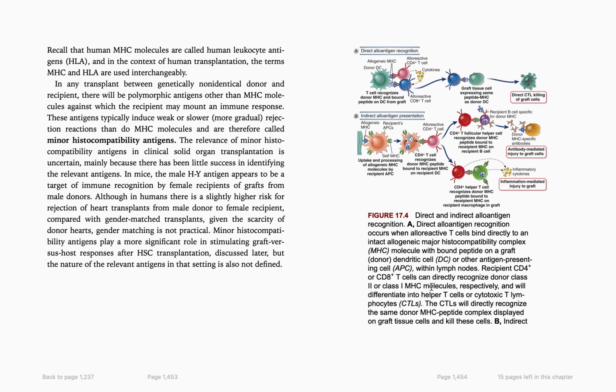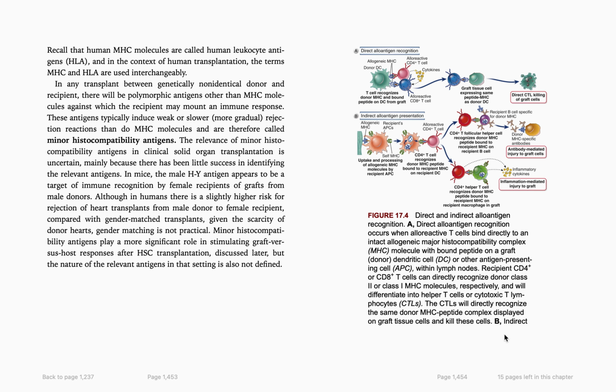Recipient CD4 or CD8 T cells can directly recognize donor class II or class I MHC molecules respectively and will differentiate into helper T cells and/or cytotoxic T lymphocytes. The cytotoxic T lymphocytes will directly recognize the same donor MHC-peptide complex displayed on graft tissue cells and kill these cells.